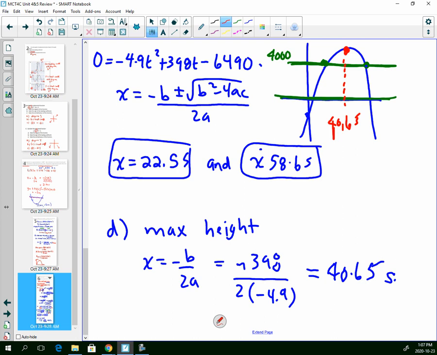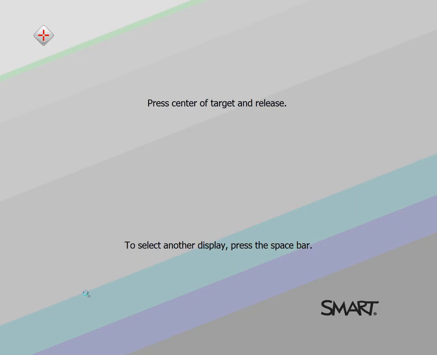So you'll need to find the height. We've determined the time that the height occurs, but now we need to find the actual maximum height, and we can do that by just subbing that value back into the equation.